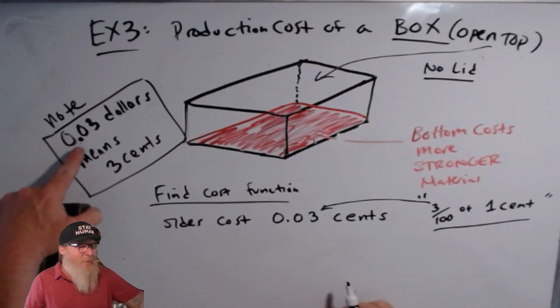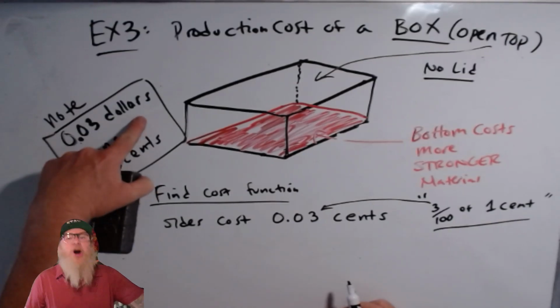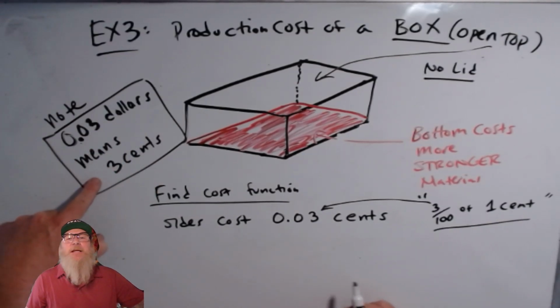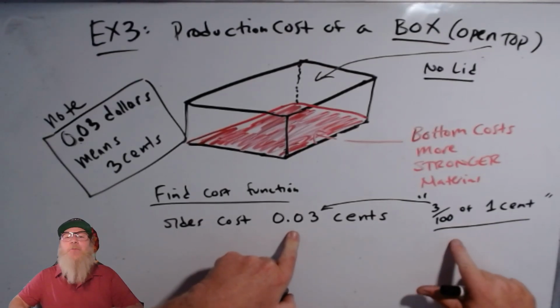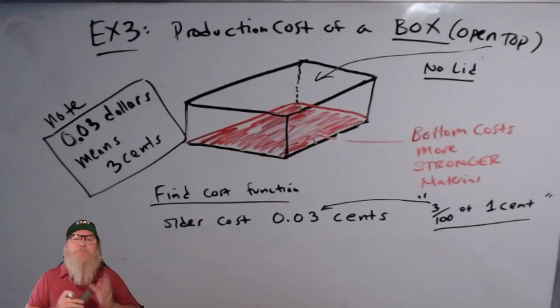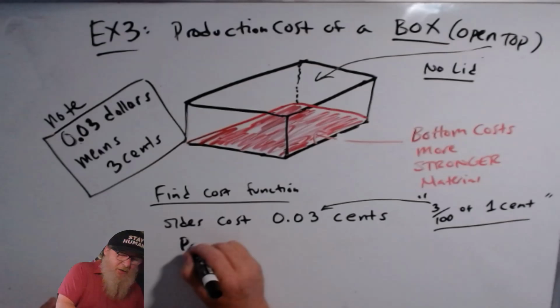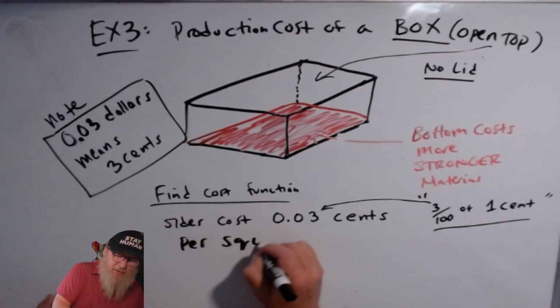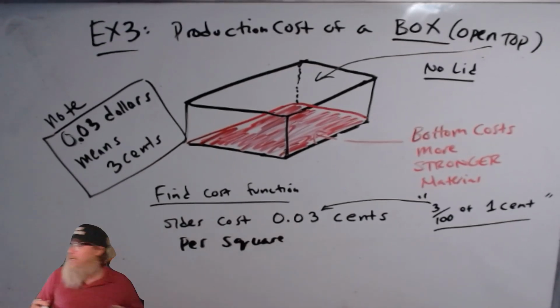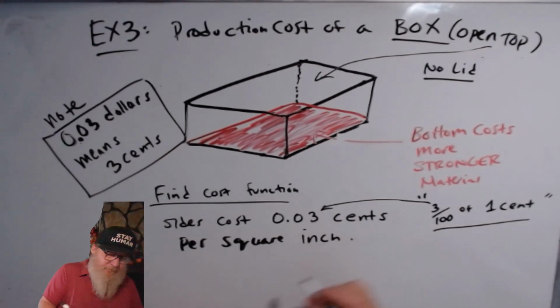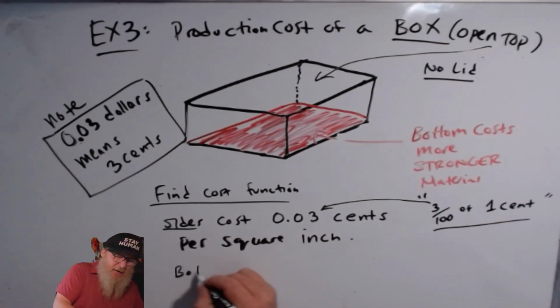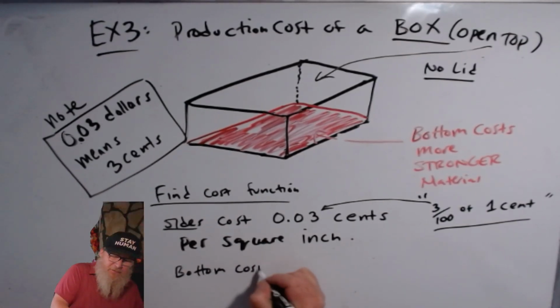You have to say 0.03 dollars if you actually mean 3 cents. This, although it looks like 3 cents, means 3/100ths of 1 cent, which is very, very cheap. Right? It's less than a penny per square inch. Am I doing inches or feet? Inch per square inch.